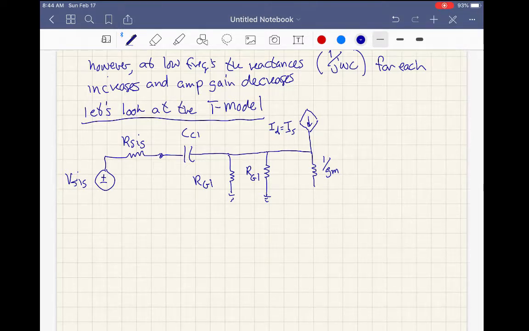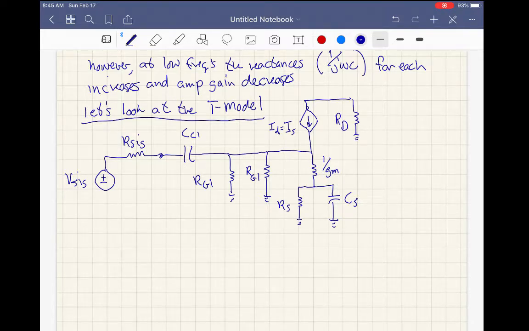If you think back to earlier last semester. Okay, we've got our S here, and we've got CS. Attached to the upper side of this dependent current source, we've got RD.